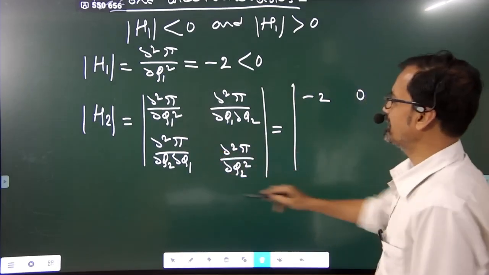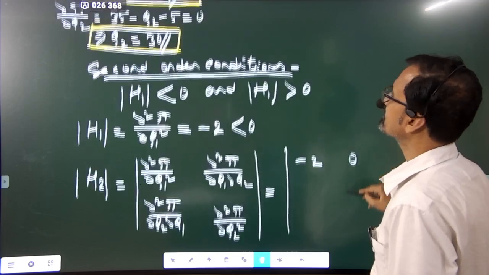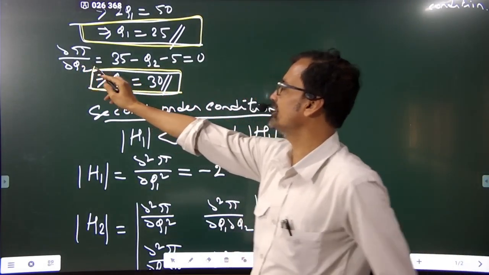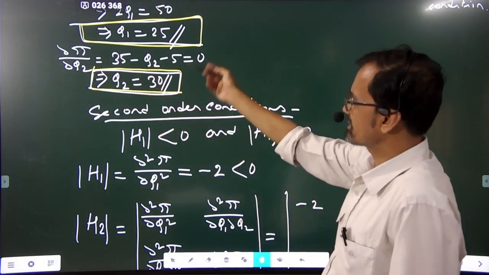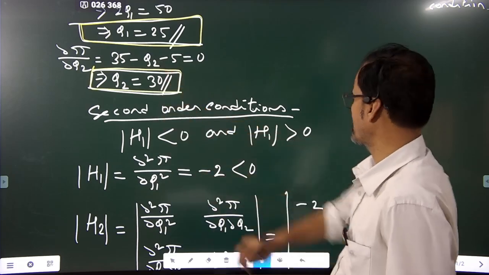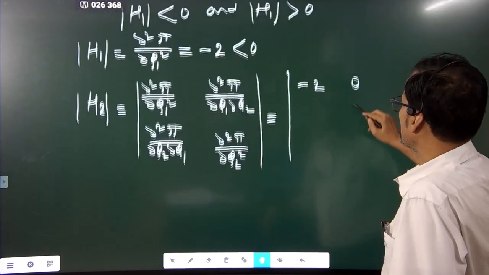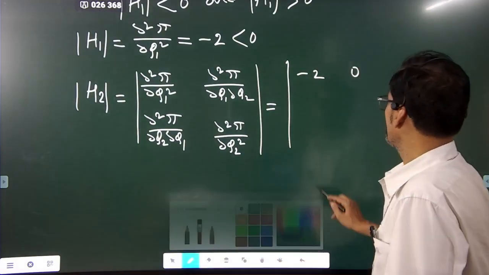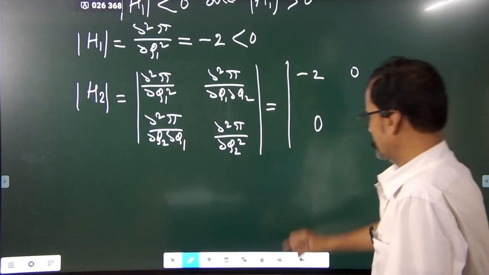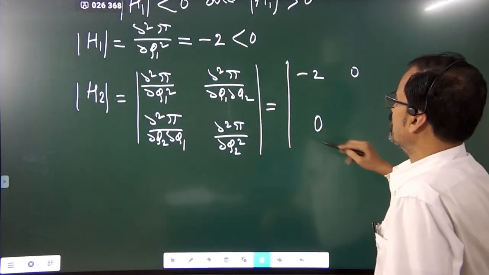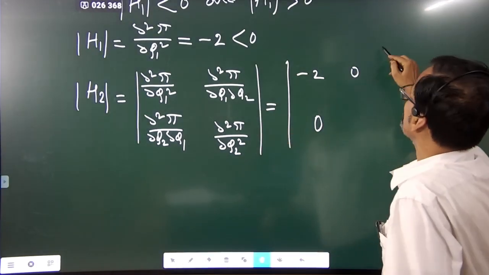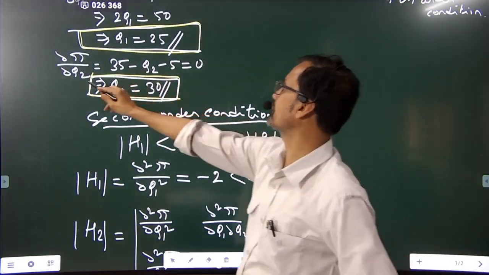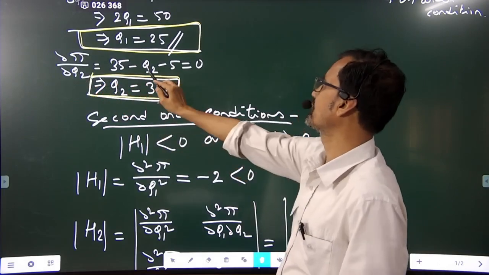Similarly, del square pi del q2 del q1, if we differentiate del pi by del q2 with respect to q1, then again we will get 0 here. Now del square pi by del q2 square, if we differentiate this again with respect to q2, then we will get -1.